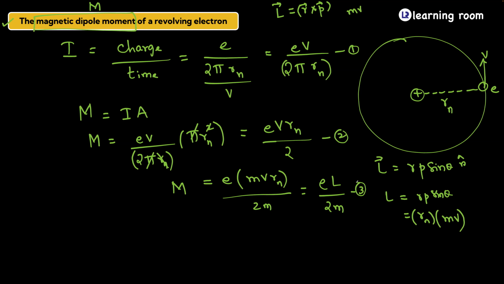But this is also not the final answer, because angular momentum is also not possible for us to find. So what we need to do is go with a very important condition that is stated by Bohr. You have learned about Bohr's orbit and everything, right? Bohr's structure of an atom, Niels Bohr, right? So there is something called Bohr's quantization condition.